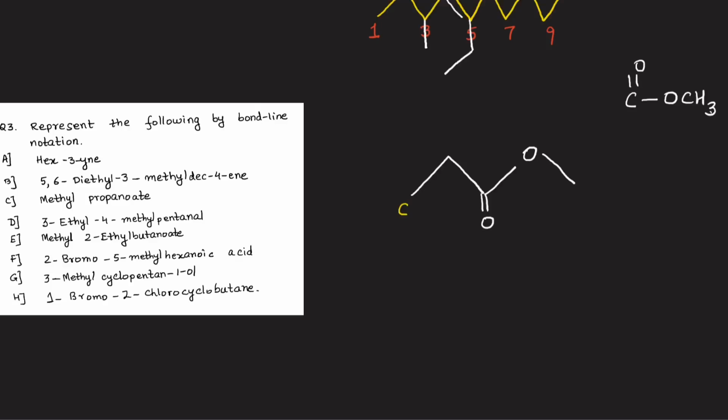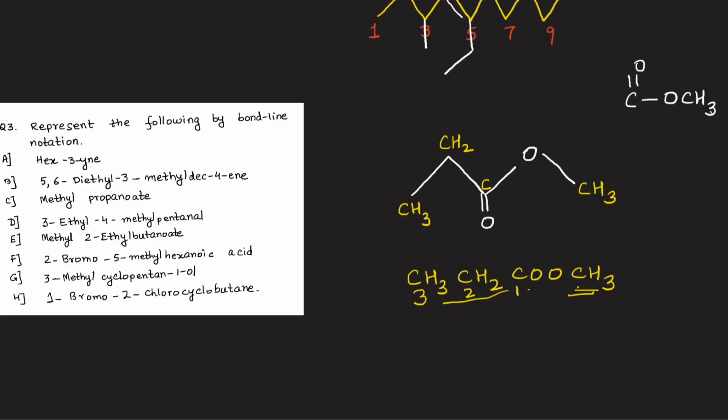Just to visualize the structural formula, you've got a CH3 here, you've got a CH2 here, you've got a C over here, and you've got a CH3. Write it in the condensed form, CH3CH2COOCH3. So 1, 2 and 3. Methyl over here, it's an ester, so methyl propanoate, and this completes the structure.